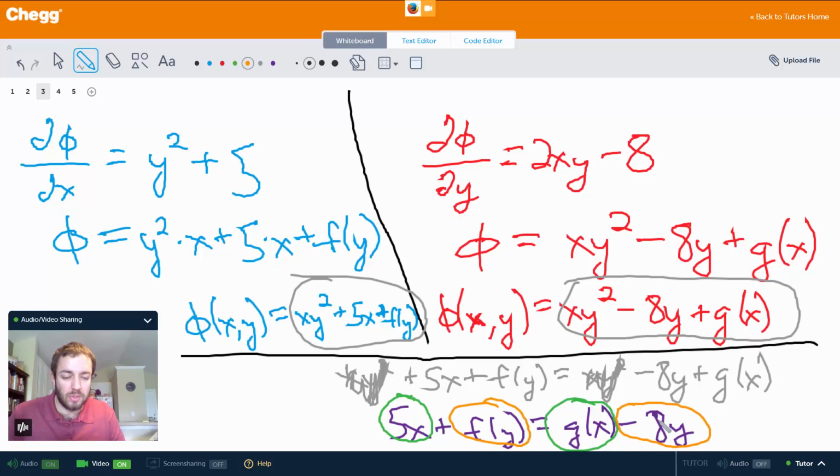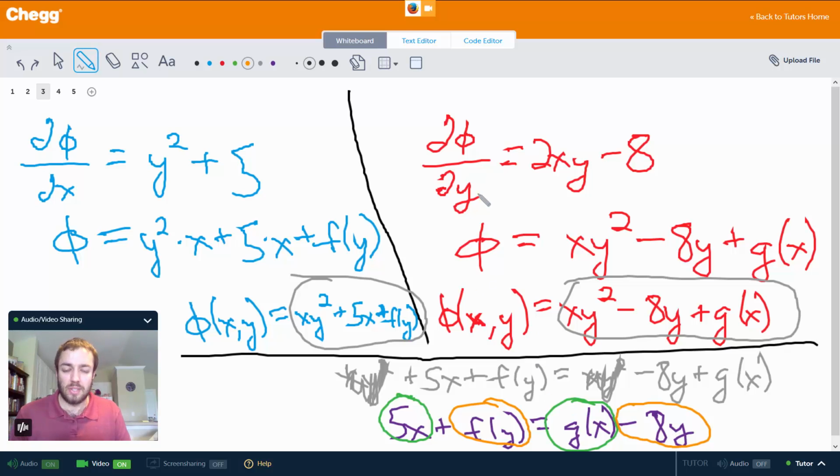How can we deduce that? Because we have two different expressions for phi of x comma y, so by the transitive property they have to equal each other. And the only way for this equality to be true is if g of x is 5x and f of y is minus 8y.